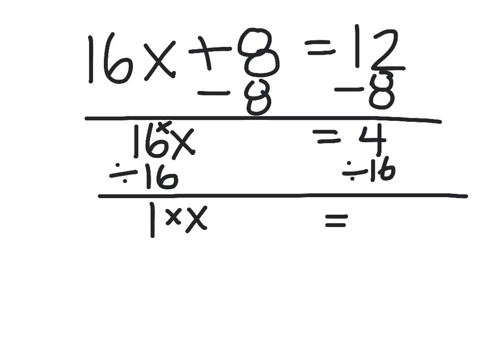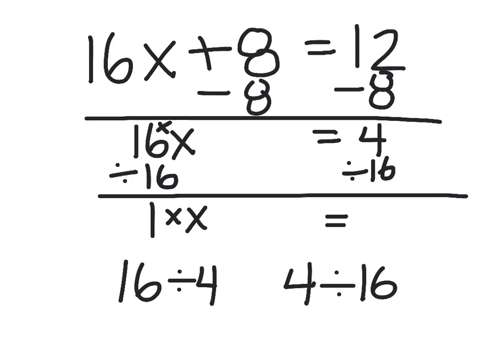A lot of people tell me 4 divided by 16 equals 4. Actually, no, what you did was 16 divided by 4. But what this says up here is 4 divided by 16. It's a very different problem. You get very different answers. So be sure that you are solving the correct problem.